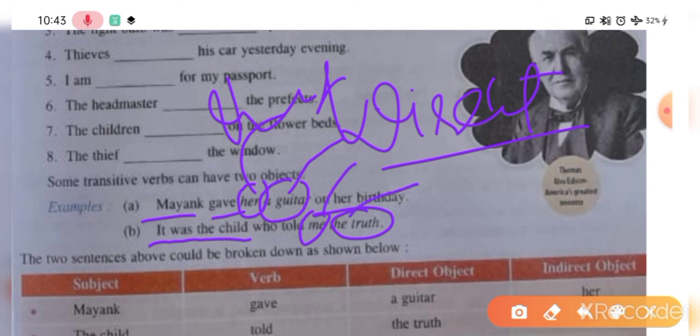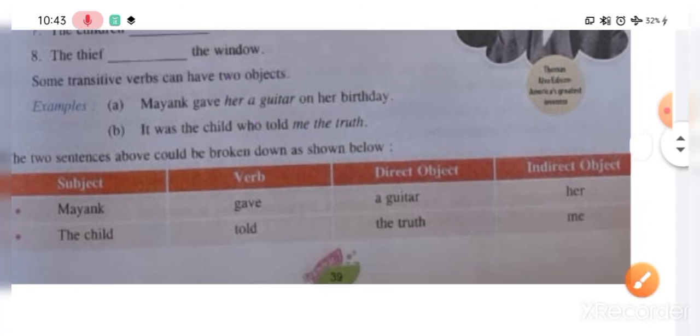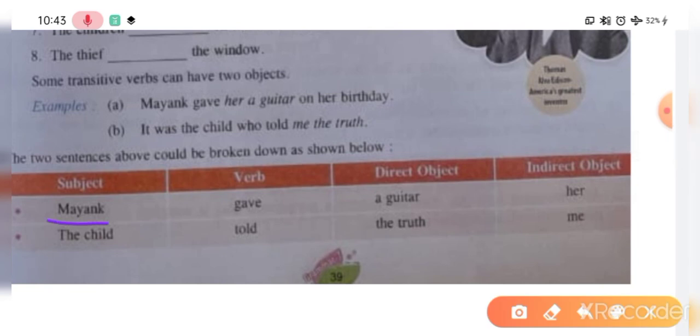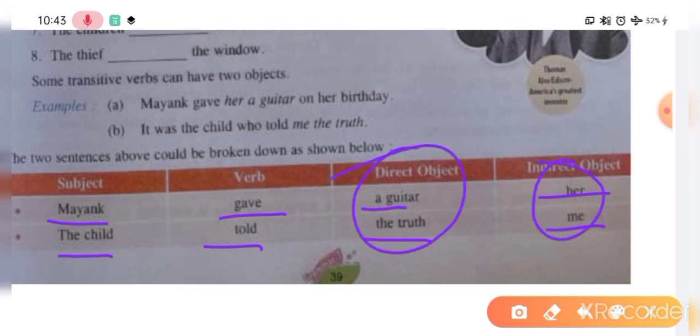So direct object will be anything, and indirect object will be any person. Simple thing, how to find the direct and indirect object. You can see here the same concept has been given. Mayank gave a guitar, direct object; her, indirect object. The child told the truth, direct object; me, indirect object. So these are the direct and these are the indirect objects.